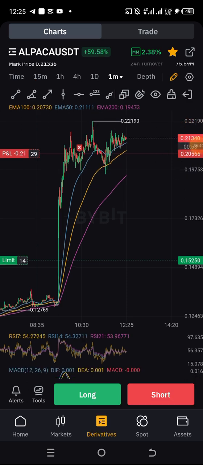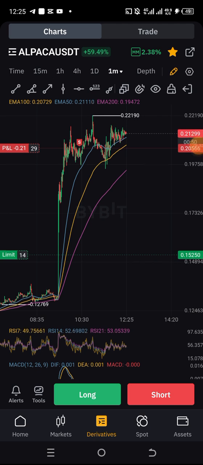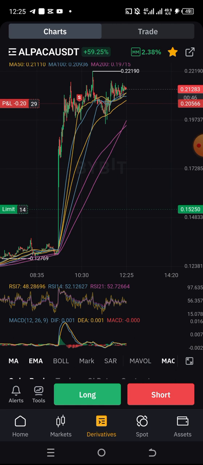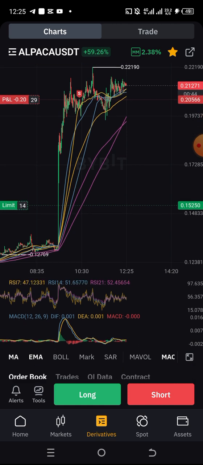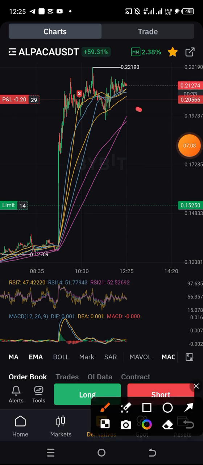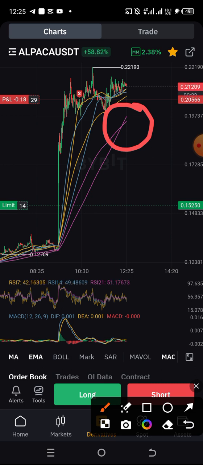Now that I've established that, one thing I want you to quickly note is that you have to turn on the two of them and identify the position of your EMA and MA. But this time around, the first thing I want you to concentrate on is your EMA and MA 200. So identify this position.